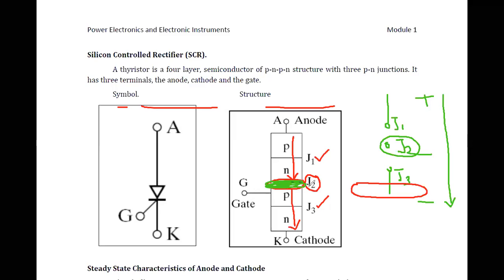How to break the junction J2 is, whatever the voltage you apply at anode, that is at the positive terminal, what you should do is you increase it in a larger quantity. For example, if your earlier voltage is around 5 volts, but for 5 volts your junction J2 is not breaking or not allowing the flow of current.